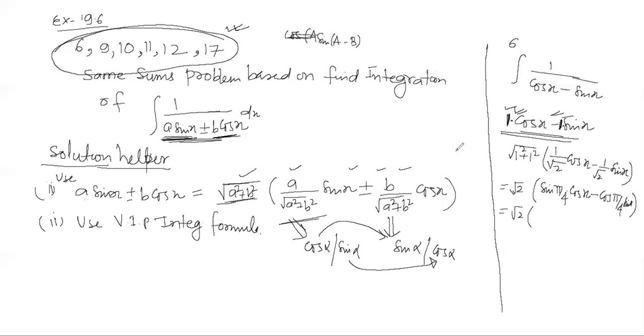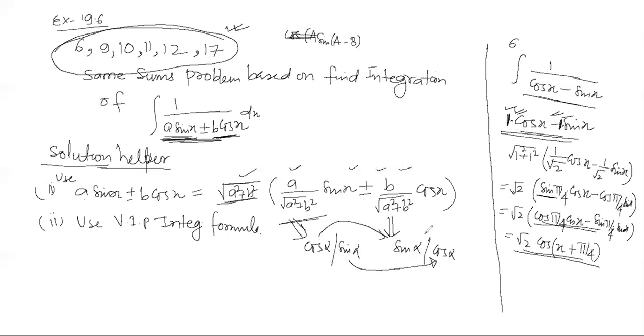Or we can also write them in terms of cos: cos 45 degree into cos x minus sine 45 degree into sine x. So this becomes root 2 cos of a plus b, that is x plus pi by 4. Got it? So after reducing cos x minus sin x, we get root 2 cos of x plus pi by 4, right?